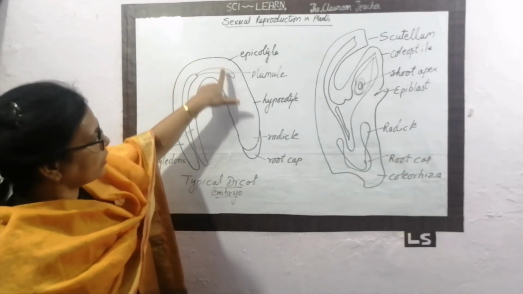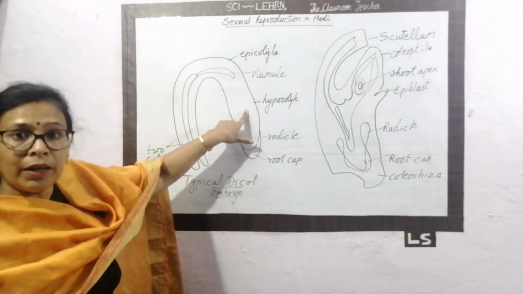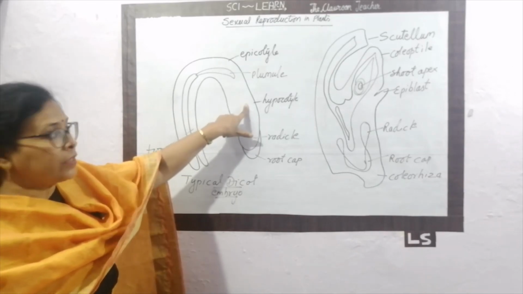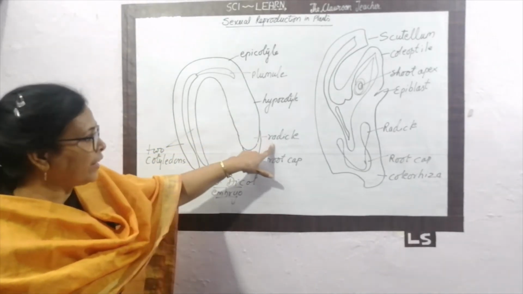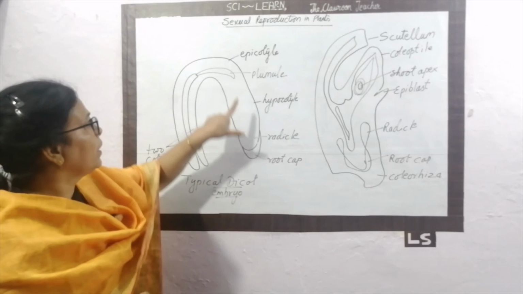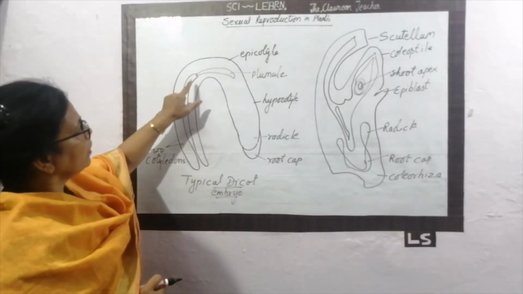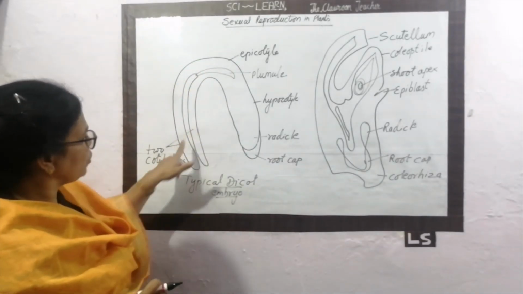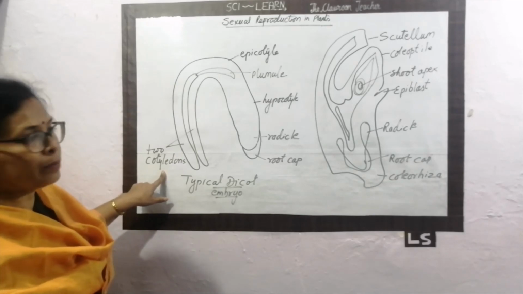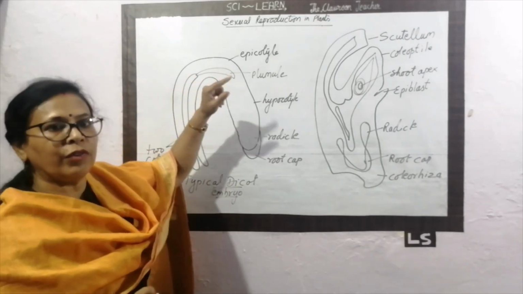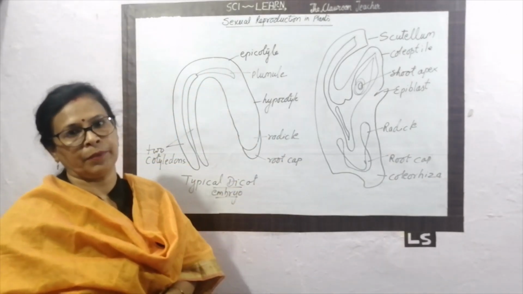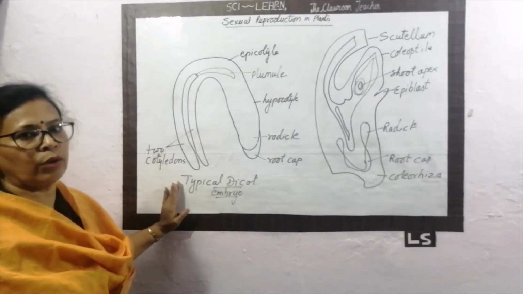This is the epicotyl. This is the hypocotyl. The hypocotyl is the lower end, which is responsible for the formation of the radicle, root and root cap, and the epicotyl is the upper end. It is responsible for the formation of the two cotyledons, which are clearly visible here, and this is the plumule, which further develops the shoot. So this is a typical dicot embryo.